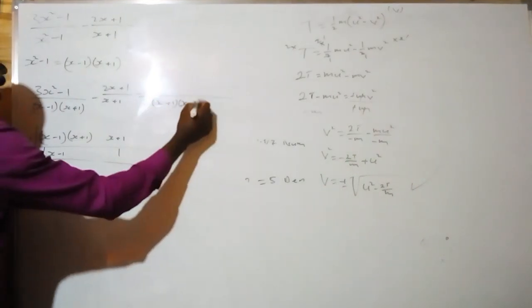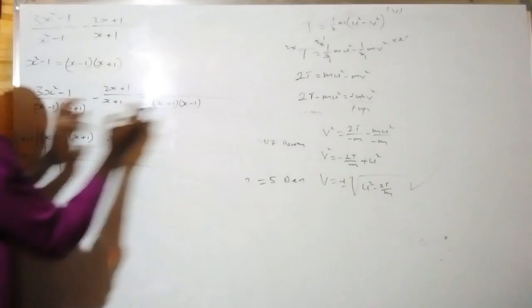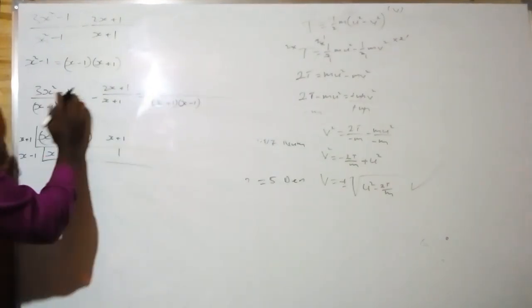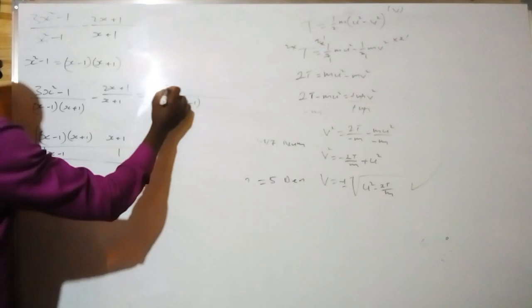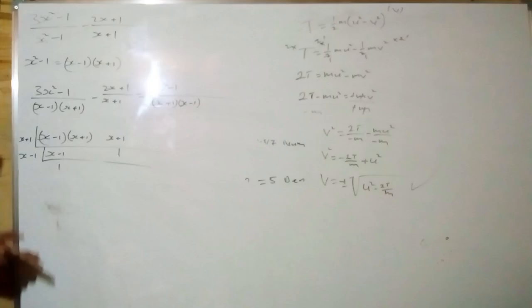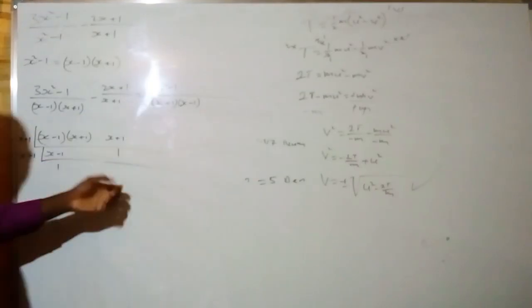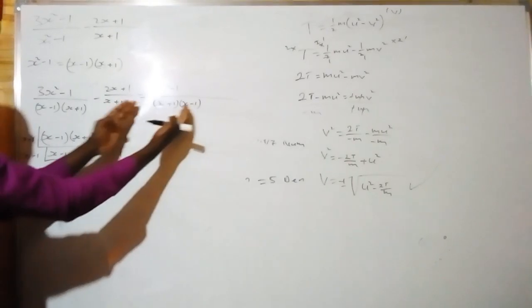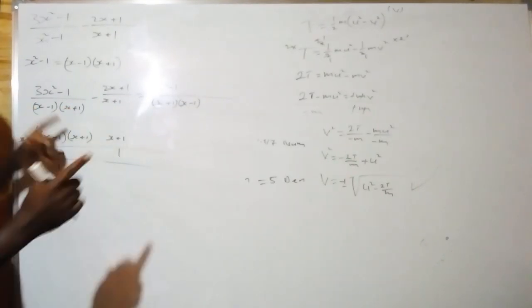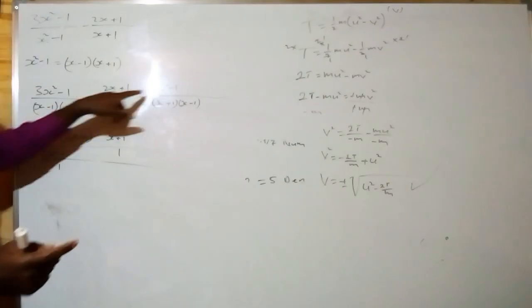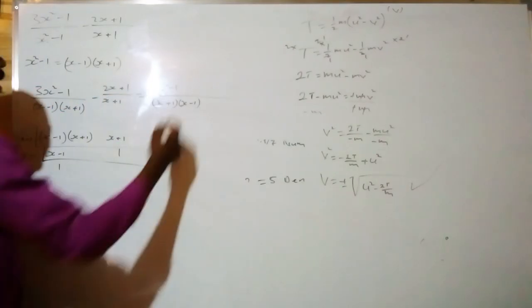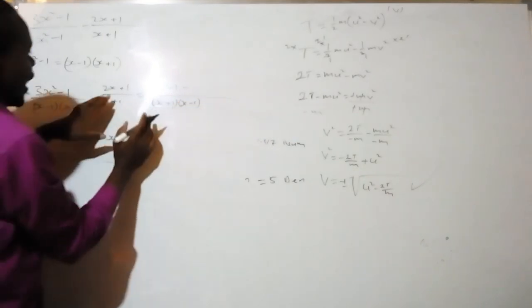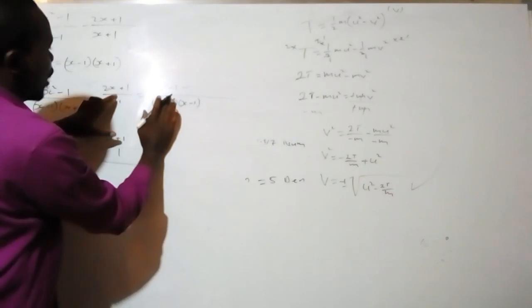The whole of this, you divide by this, it will cancel out to 1. So 3x squared minus 1 is multiplied by 1, and stays the same. Minus the whole of this, you divide by x plus 1; x plus 1 and x plus 1 cancel out, and you'll be left with x minus 1.